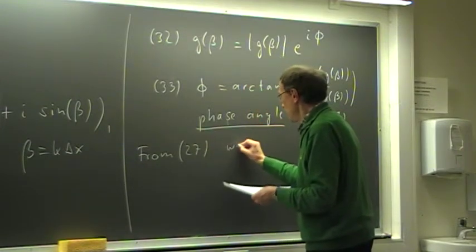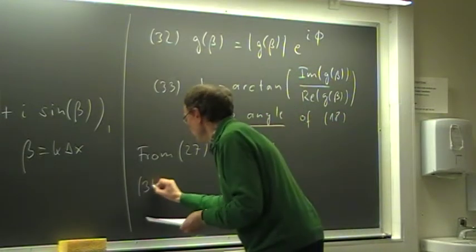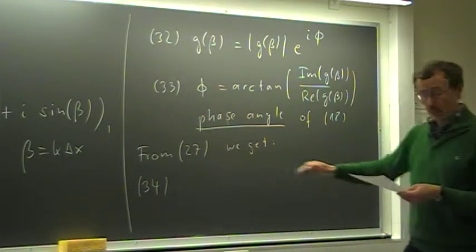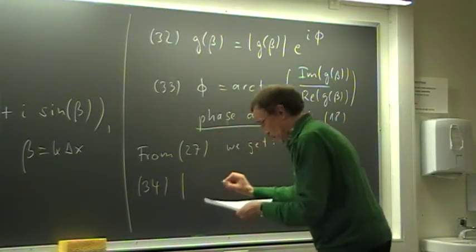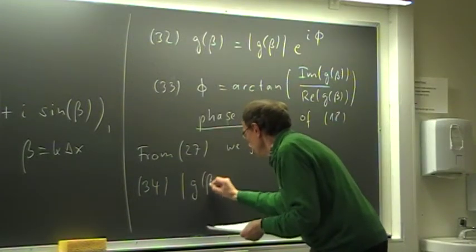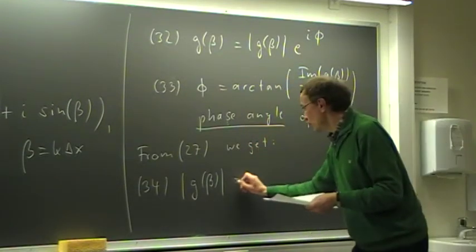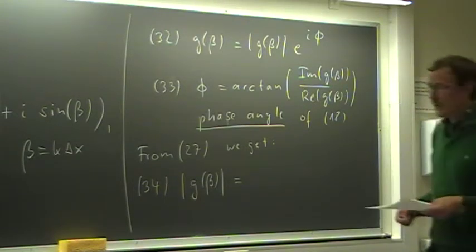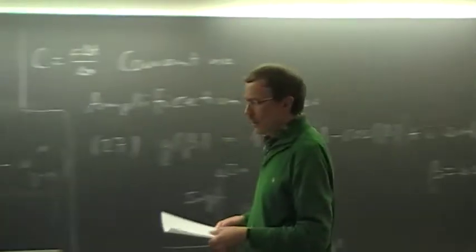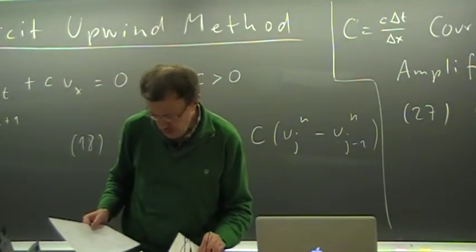Then we get, that is 34, so I think here we start now essentially with a new part, that the modulus of the amplification factor is equal to. Now, we have already, I think, done a little bit of work on that last time. Let's see.